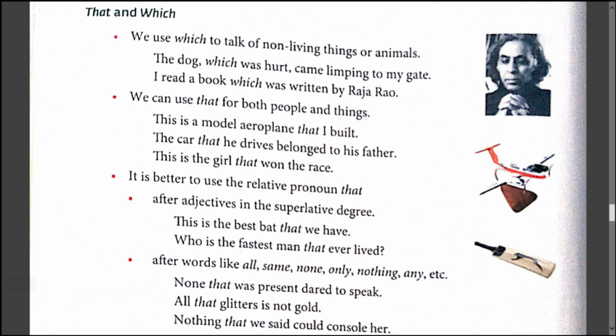Here that will be used in that sentence. All that glitters is not gold. Again over here the word all is there, and so you'll be using that. Nothing that we said could console her. Console, to make her calm, to make her understand. Here the word nothing is there, and so you'll be using that.